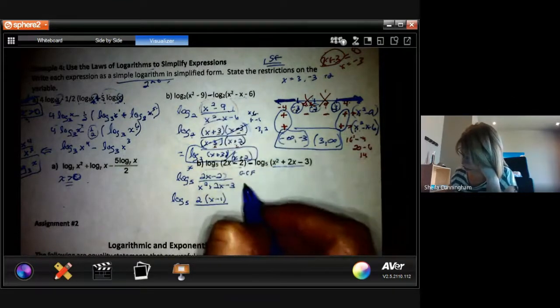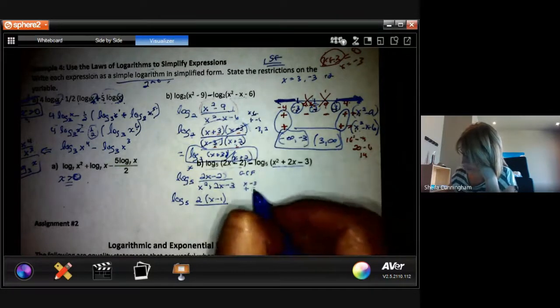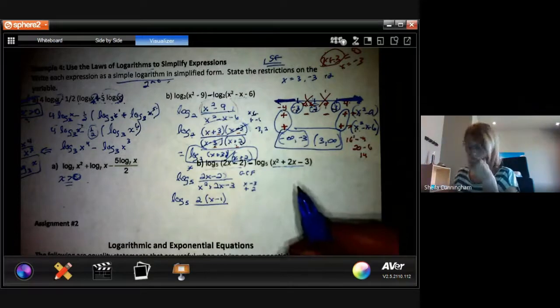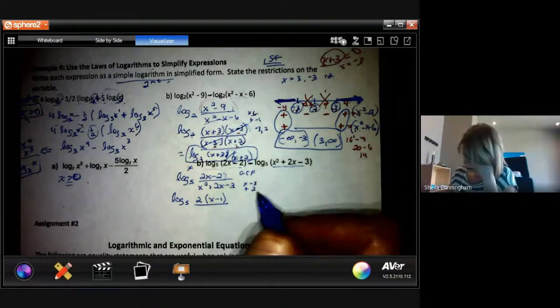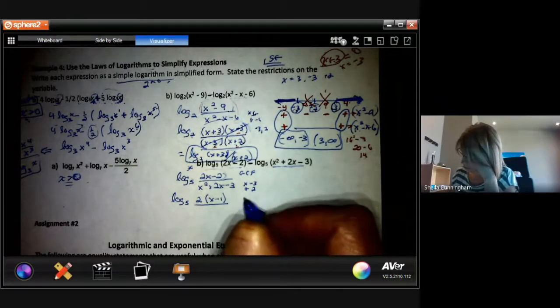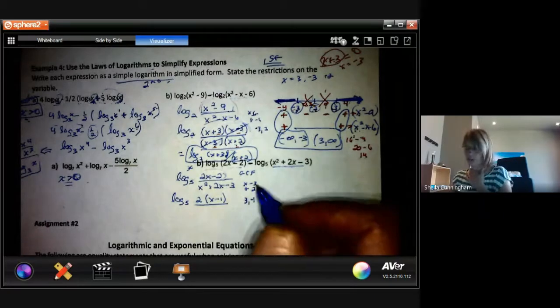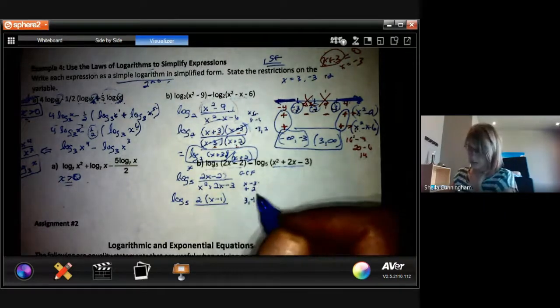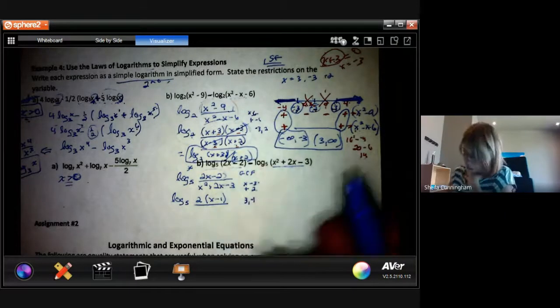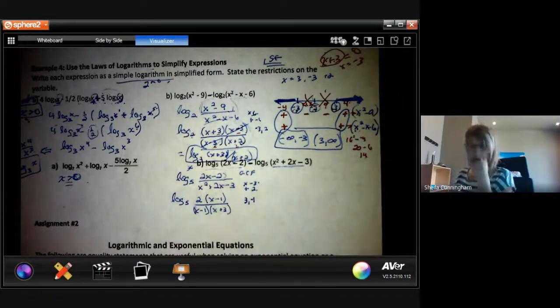So same thing. We've got to look for two numbers that multiply out to a -3 and add up to a +2. I think we're looking at a 3 and a -1, right? Because 3 times -1 gives me the -3, and 3 plus -1 gives me the +2. So the bottom I'm going to have is an x minus 1 and an x plus 3.